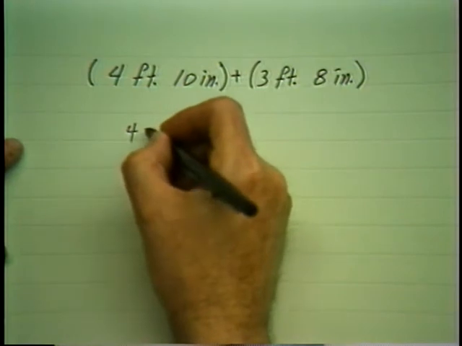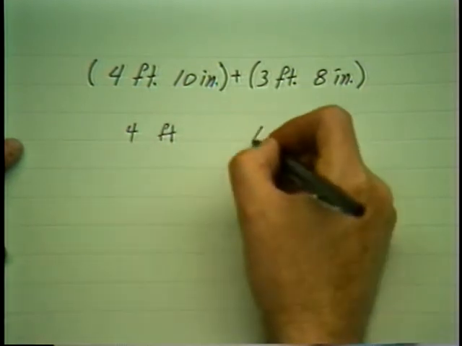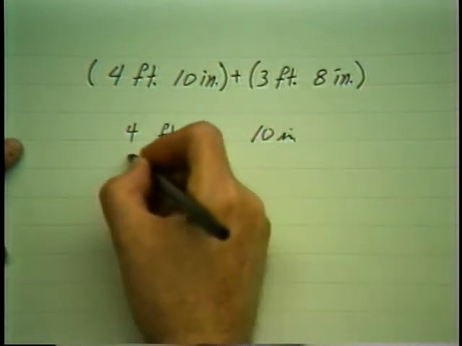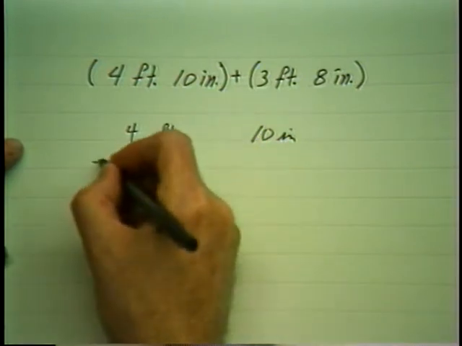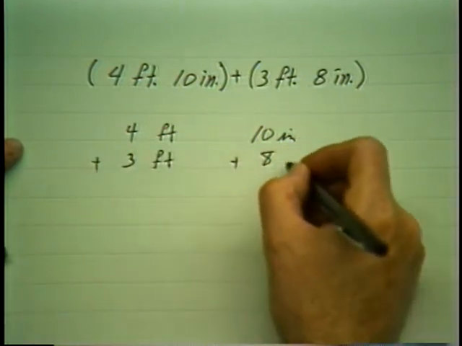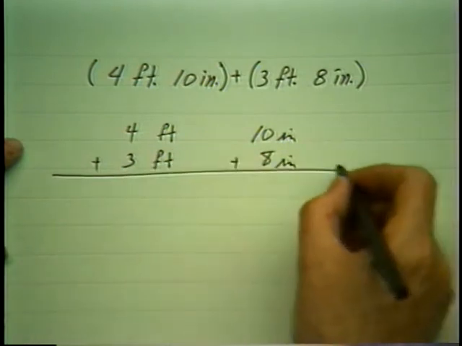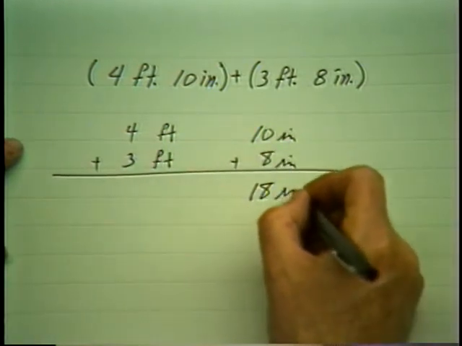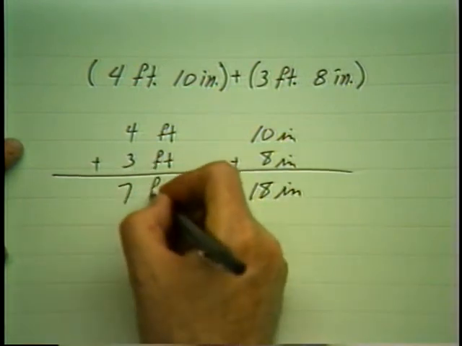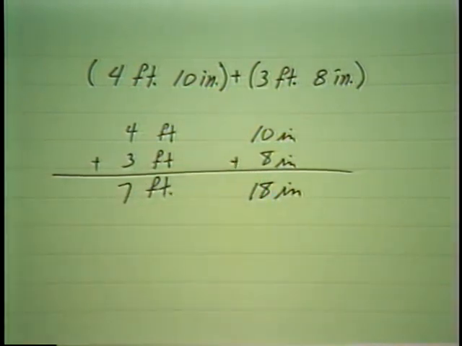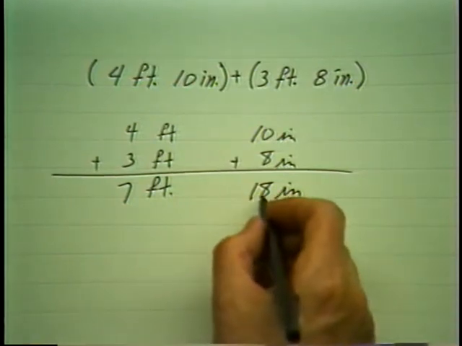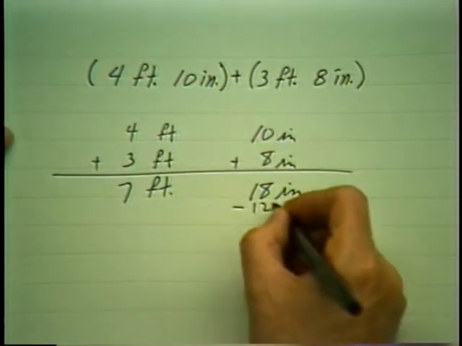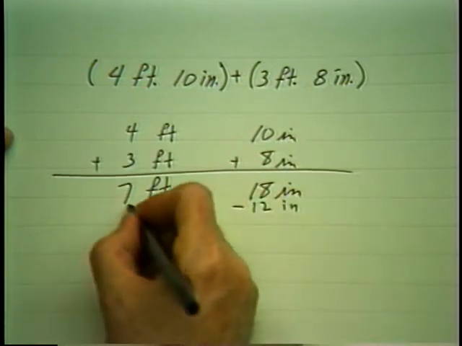So we have 4 feet 10 inches plus 3 feet 8 inches. Now adding only the like units, we get 18 inches and 7 feet. And there's nothing wrong with that, except that we remember that 12 inches is the same thing as 1 foot.